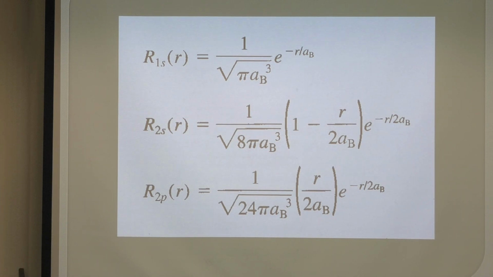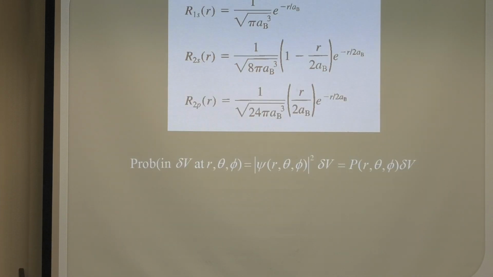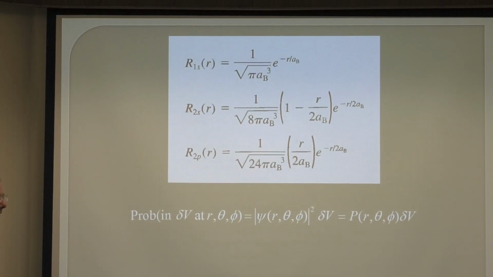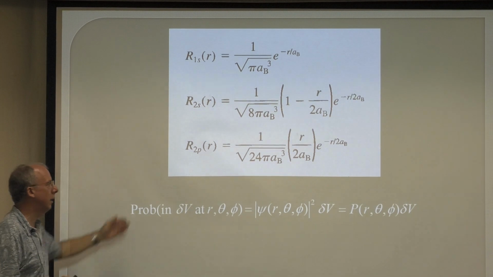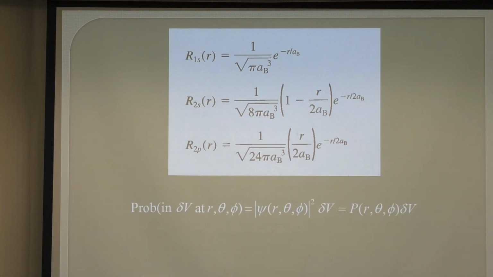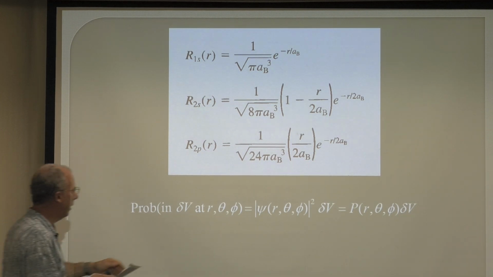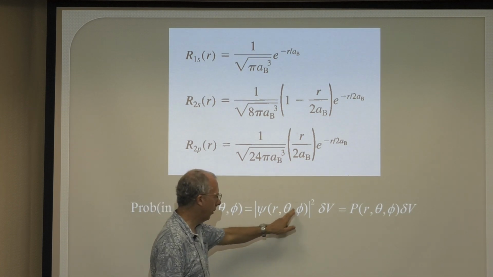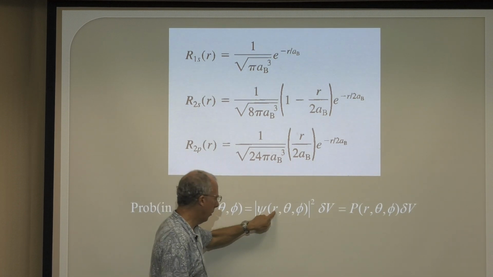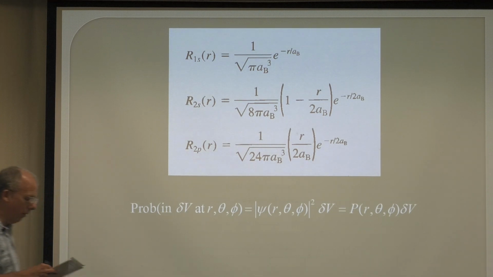Now, we want to calculate probabilities, just the radial probabilities. So we have to use this equation that we learned a while ago. But we have to modify it a little bit because, again, all we care about, we're letting the two angular variables vary, but we want to know what the probability is as a function of r.